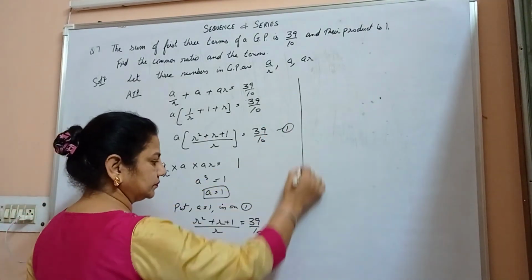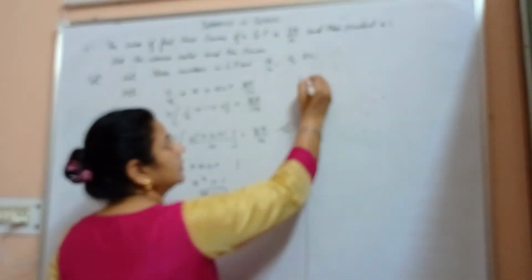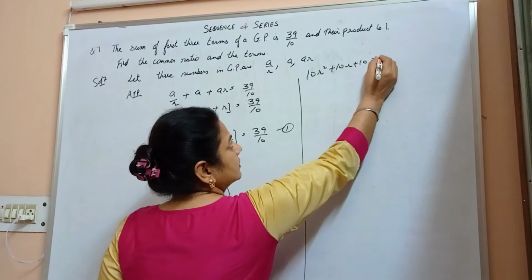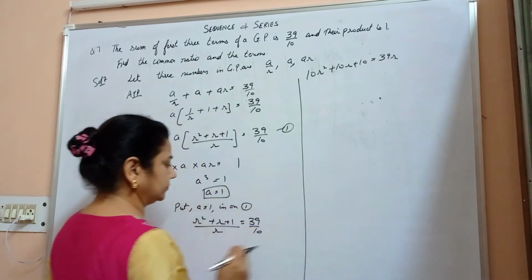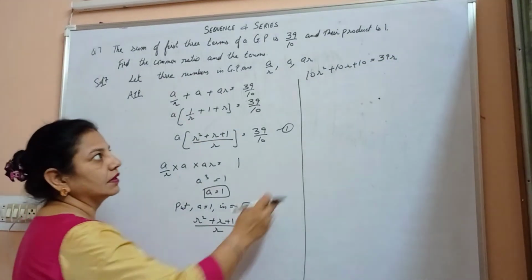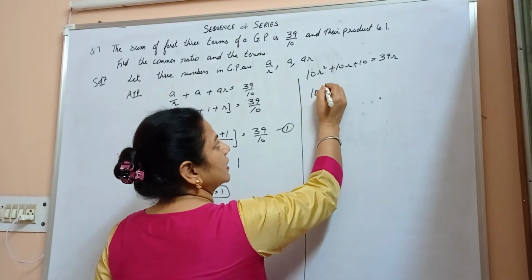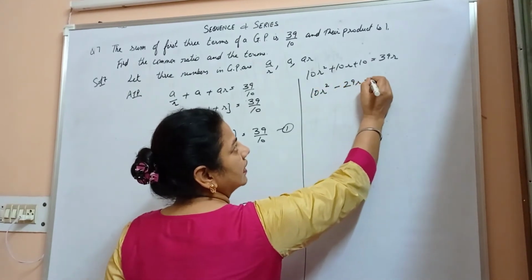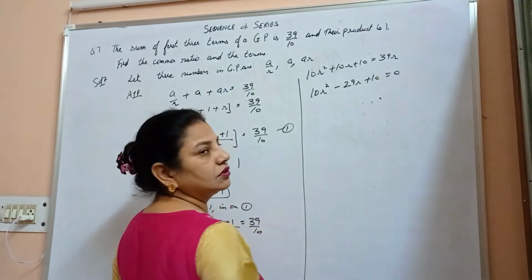Cross multiply. 10R square plus 10R plus 10 is equal to 39R. Simplifying, we get the quadratic equation 10R square minus 29R plus 10 is equal to 0.